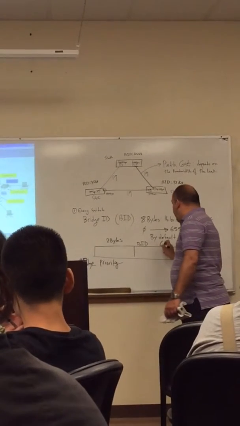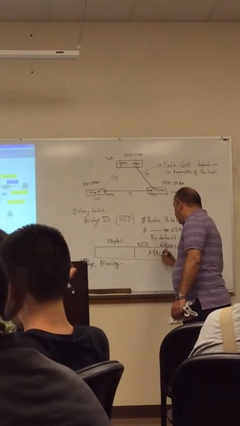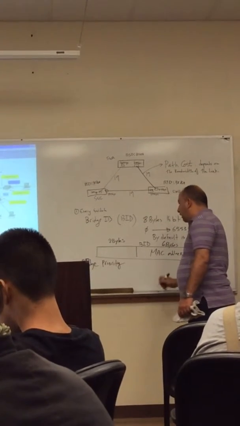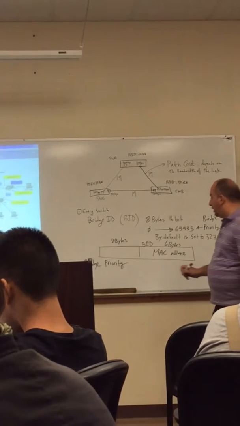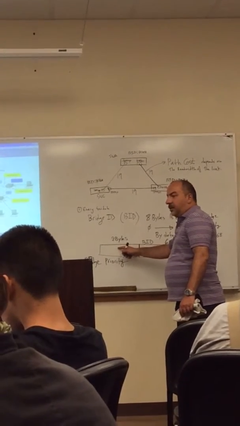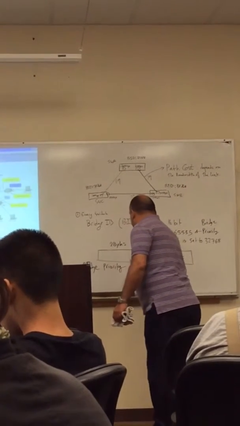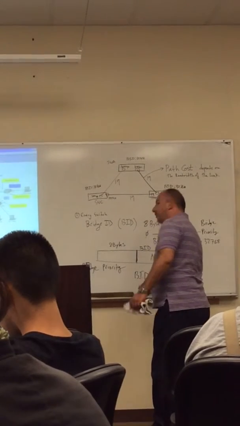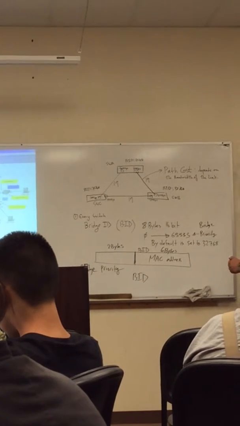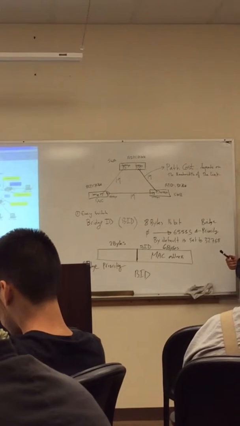And then 6 bytes is the switch MAC address. So it's the switch priority plus the MAC address. This whole thing is called the BID, bridge ID. So the bridge ID contains two things.